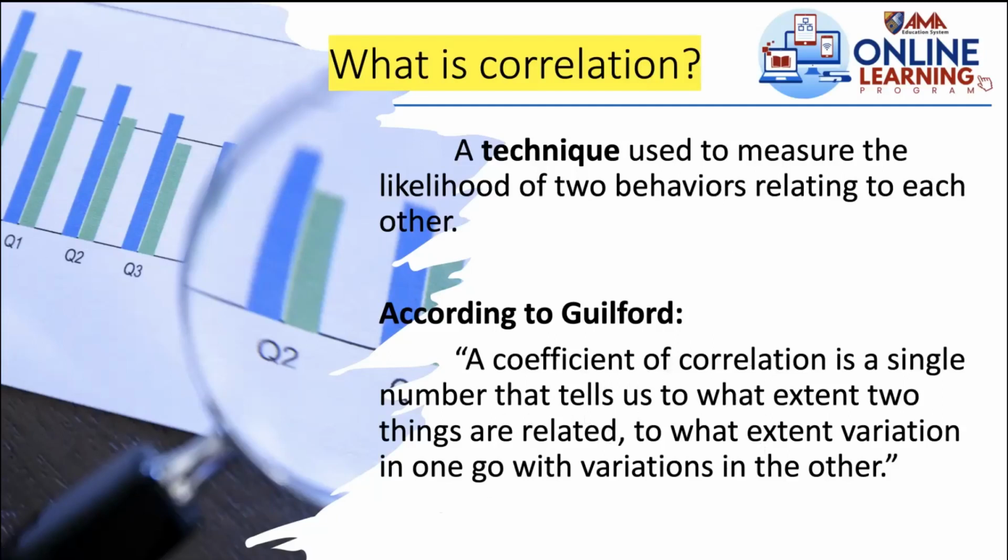I will discuss more about this later. There's a name for this single number, aside from coefficient of correlation, a person's name associated to it. Not only a number, we can also use a graph to describe the correlation of your data.